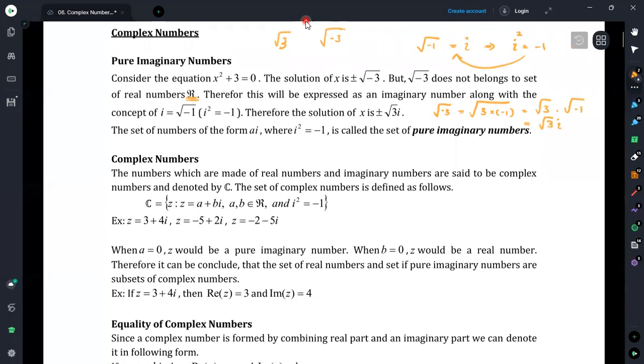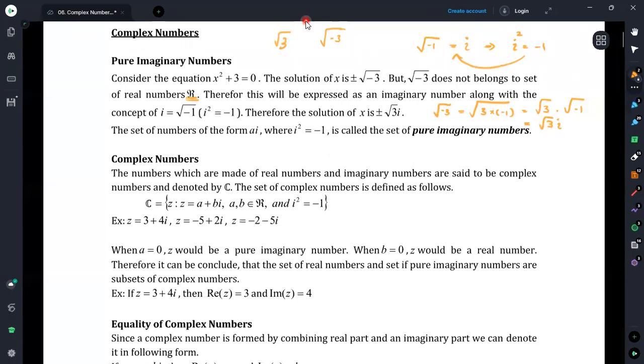So the solution can be written as plus or minus square root of 3 times i, where i denotes the square root of minus 1, or else i squared equals minus 1.